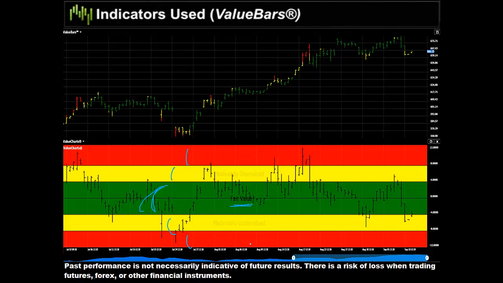Now, historically, prices are contained within the green fair valuation zone roughly 66% of the time. Okay, in the moderately overvalued zone, we have prices in there roughly 16% of the time. And then in the moderately undervalued zone, prices are there roughly 16% of the time.